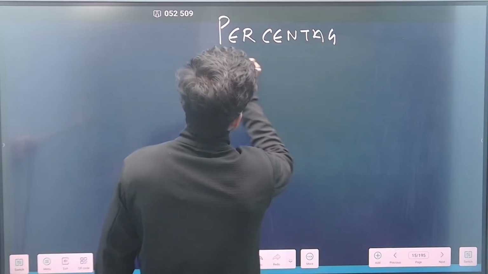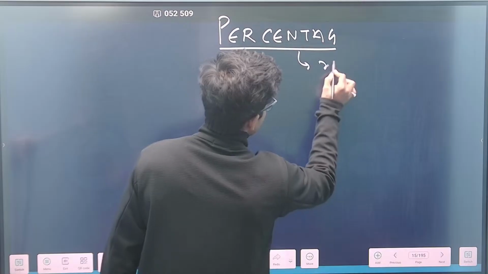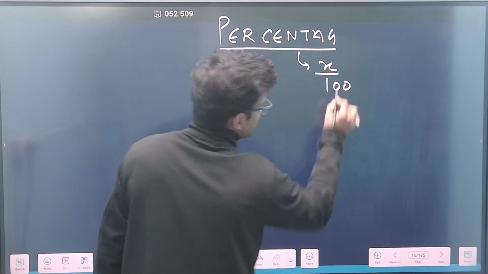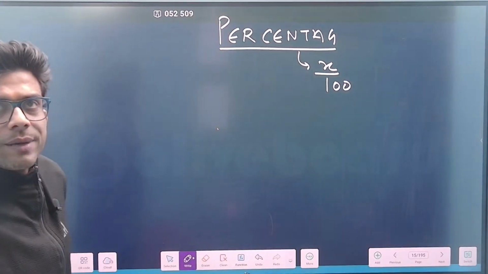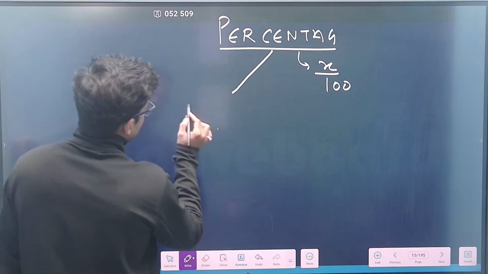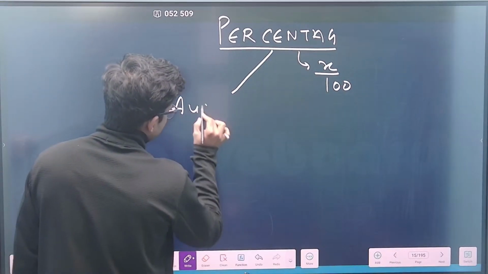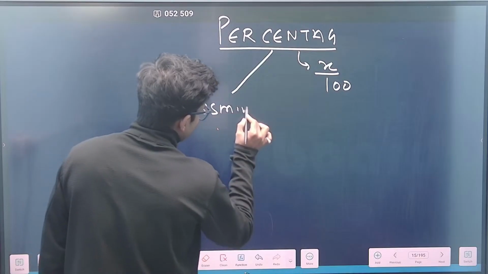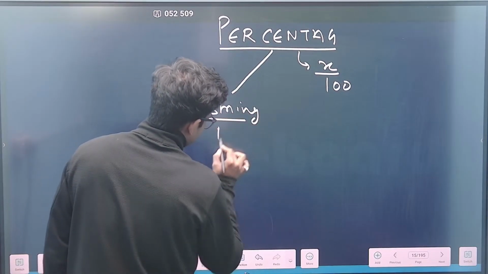Percentage is what? Anything which is divided by 100 is known as percentage. Fine. So basically there are two ways to solve a percentage question. One is assuming the value in terms of 100x, correct?